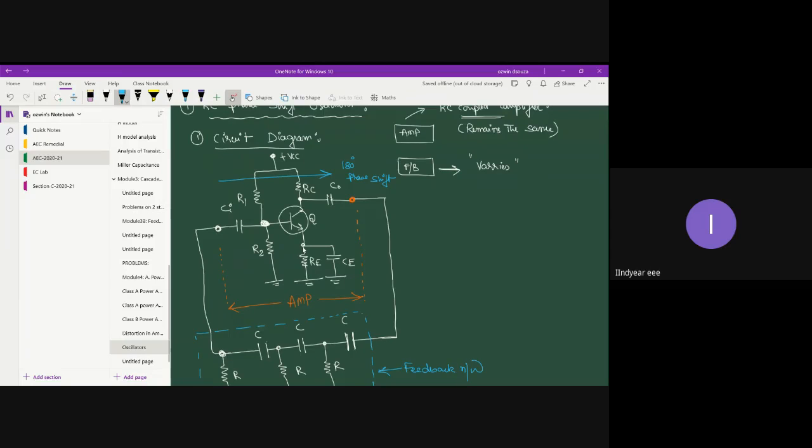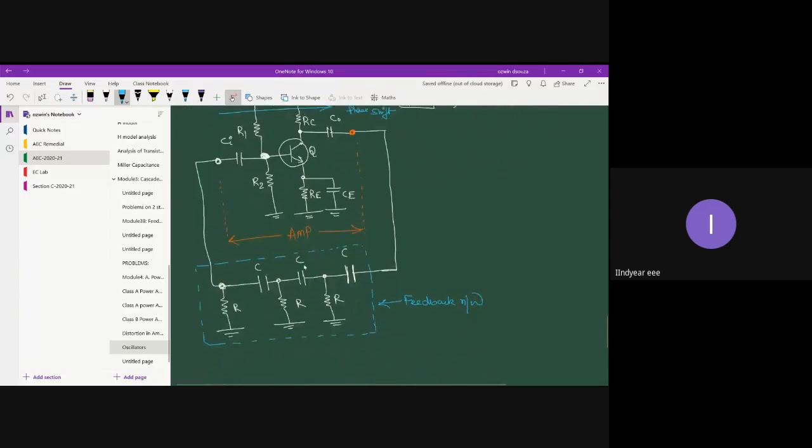Emitter is common to the input circuit as well as the output circuit. In CE configuration, you know that the output is out of phase from the input by an angle of 180 degrees. So 180 degrees is given by the RC coupled amplifier.